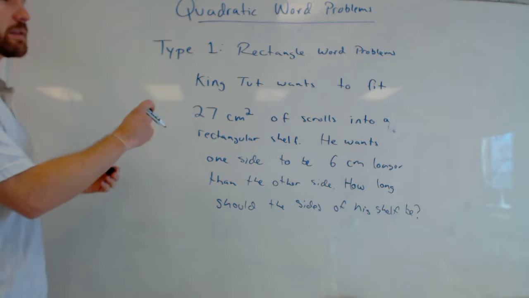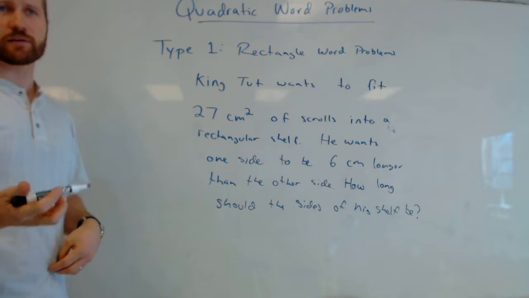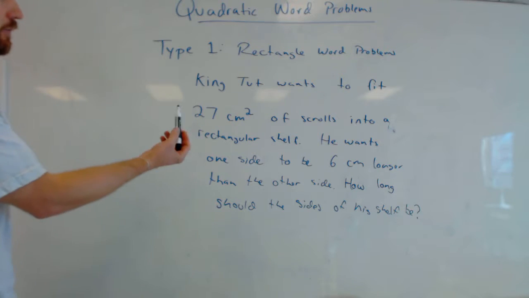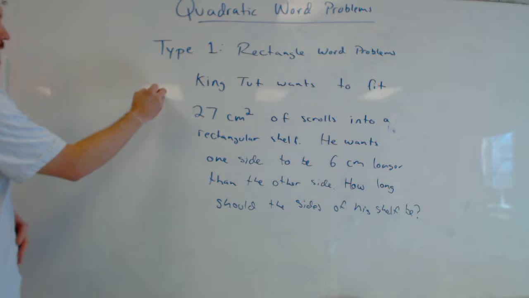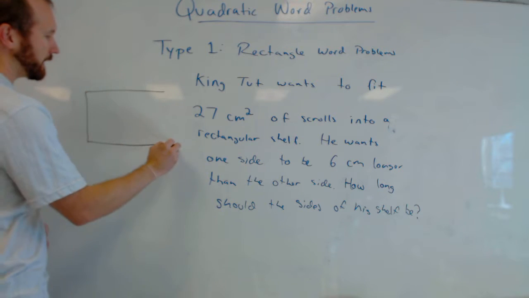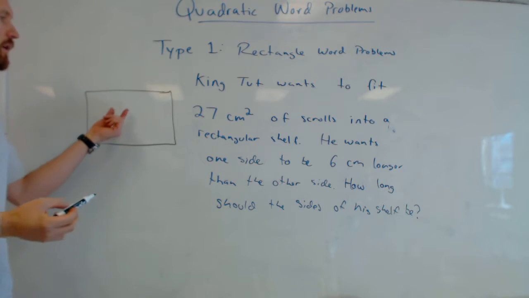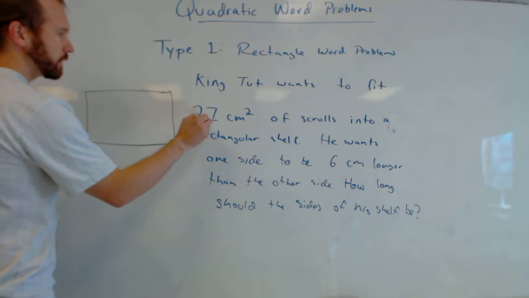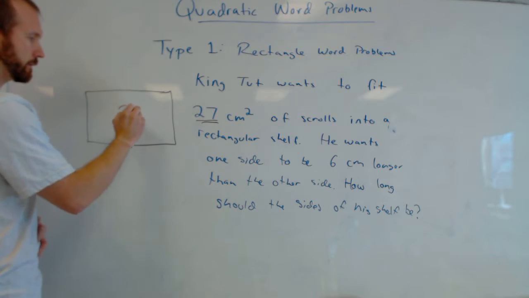Okay, very similar to this type of problem. What I like to do with these, I told you that this is a rectangle word problem, so that's a hint, is first draw a diagram. We know that the area of this rectangle has to be 27.